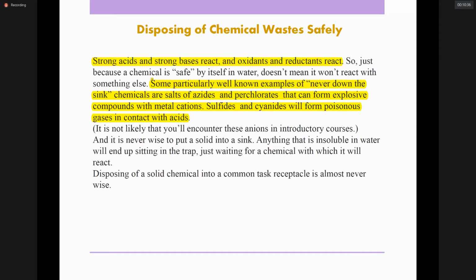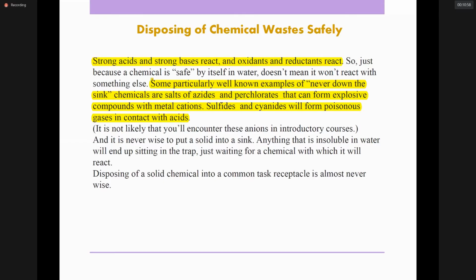There are strong acids and strong bases that react, and oxidants and reactants that react. So when we pour the solution into the sink, there are some particularly well-known examples of never down the sink.